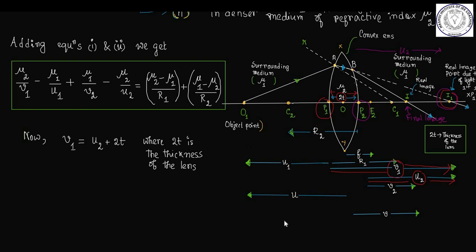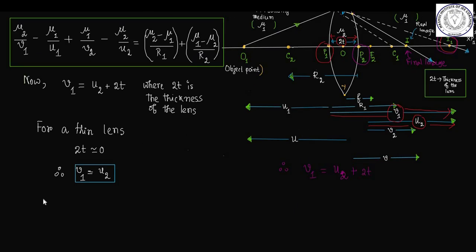So therefore v1 is equal to u2 plus 2t. For a thin lens, 2t is approximately equal to 0. Thickness can be assumed as 0. Therefore, v1 will be approximately equal to u2.